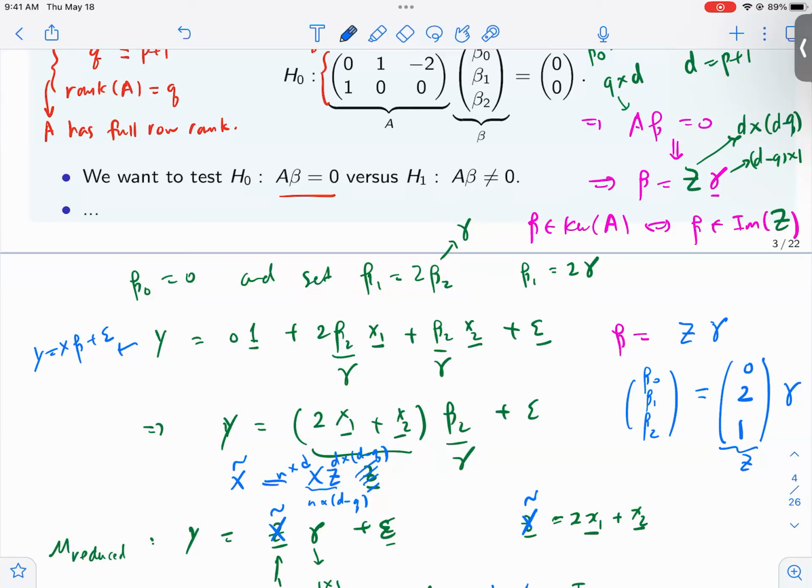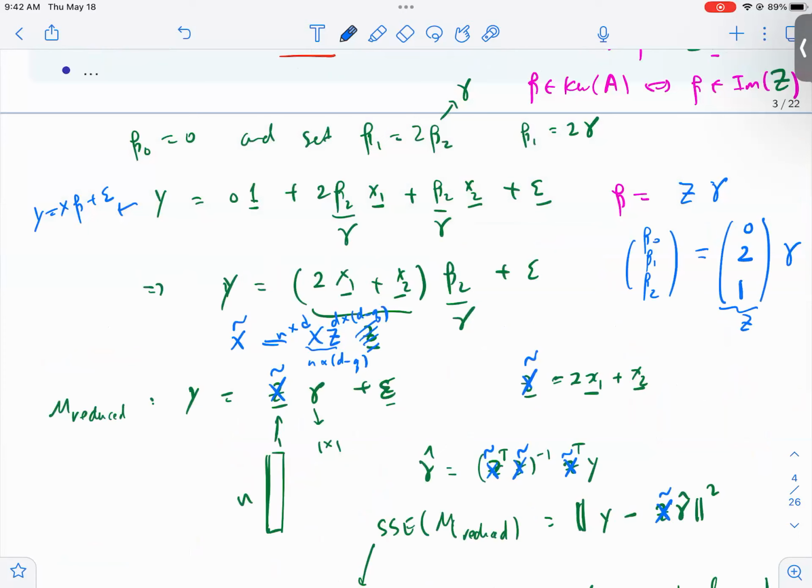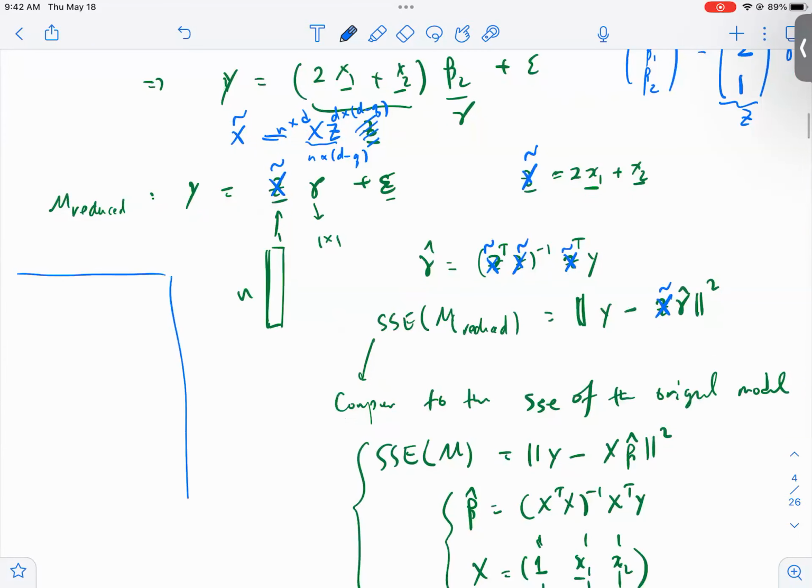You can try to solve this problem with those constraints, doing least squares. Alternatively, minimize y minus X beta, the original model, over beta in R^D, subject to A beta equal to 0.